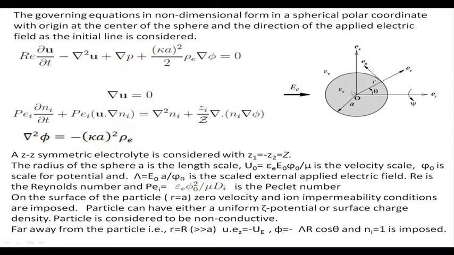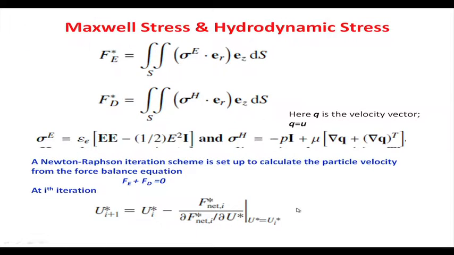If I consider the moving frame of reference, it becomes mathematically complicated. So, that is why we consider the origin at the center of the particle, the particle stationary, and the fluid allowed to move with a velocity minus u v from far away. This is the equivalent way of presenting.